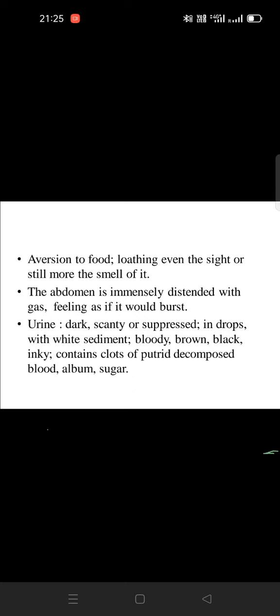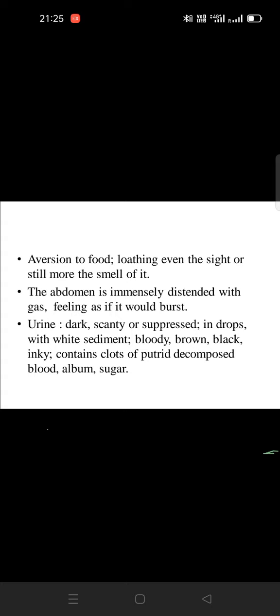Here we can compare with the practice of medicine, especially in case of male, that condition is known as BPH. BPH means benign prostatic hypertrophy. If the person is suffering from benign prostatic hypertrophy, there will be scanty urine or suppressed urine might be there.